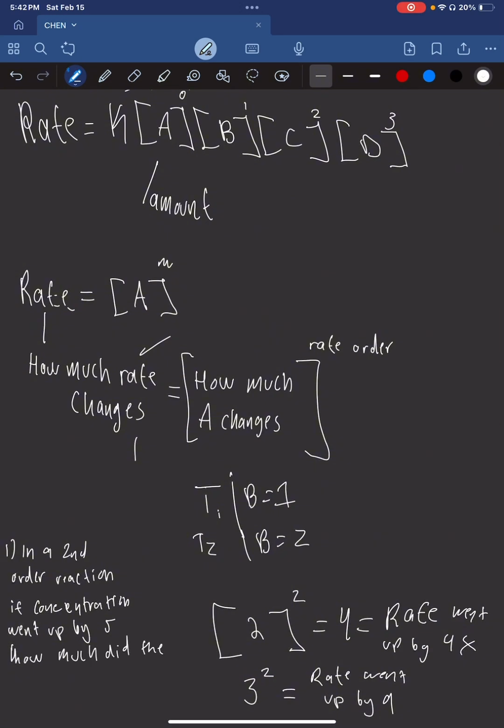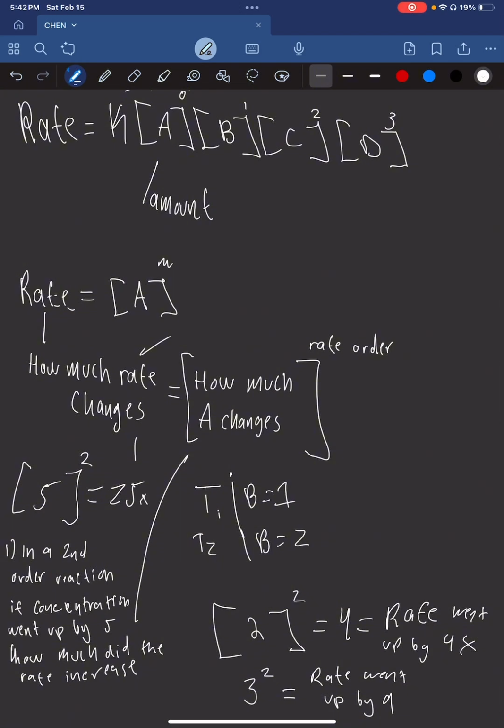Did the rate increase? So we just plug in. How much has it changed? Changed by 5 times. What's the order of the reaction? 2. How much has the rate changed? 5 squared, 25 times. And that's just basically with everything.